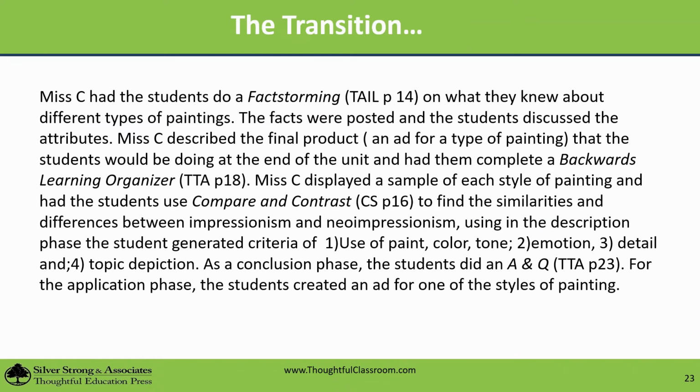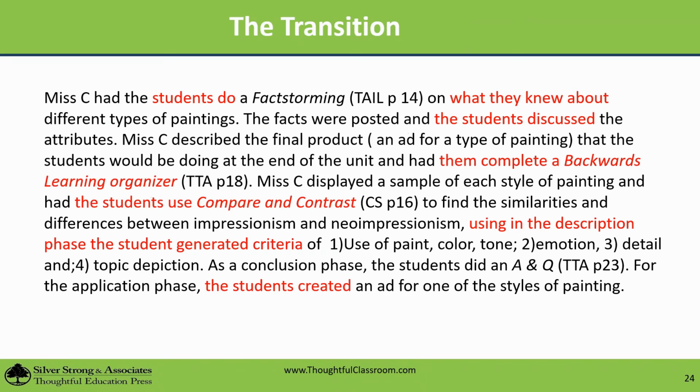So let's take a look at the transition. You see, in this case, the students do the fact storming, and they're taking from what they know the types of paintings. Then if you notice here, the students are discussing the attributes. So they're taking what they know already, looking at the paintings, and pulling out the attributes.